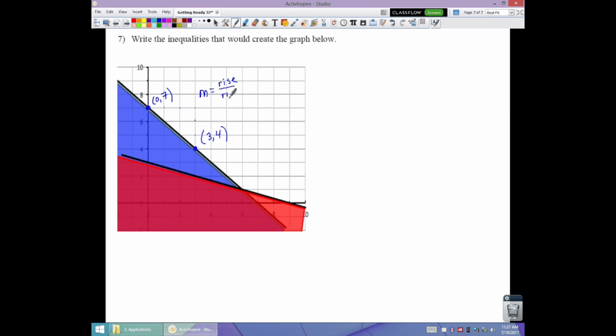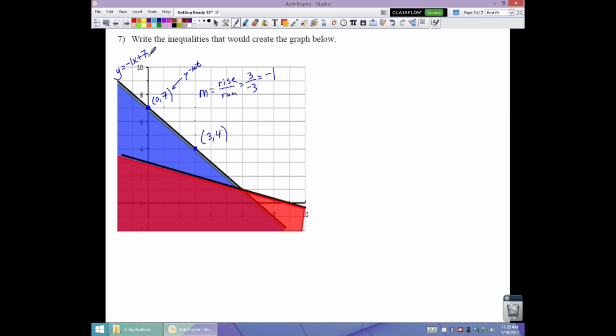So my rise over run is up 3, left 3. Well, that simplifies to -1. The y-intercept is this point 0, 7. So I know that, in equation form, is y equals -1x plus 7.